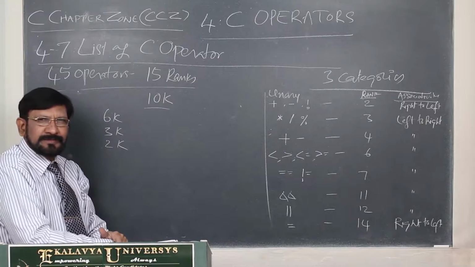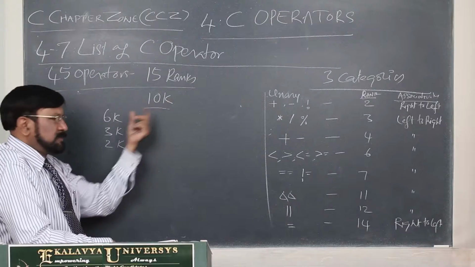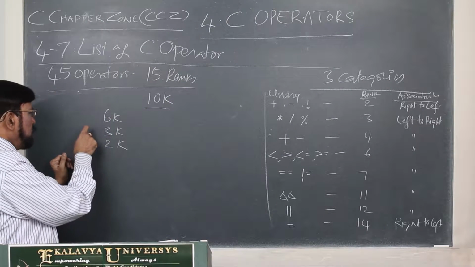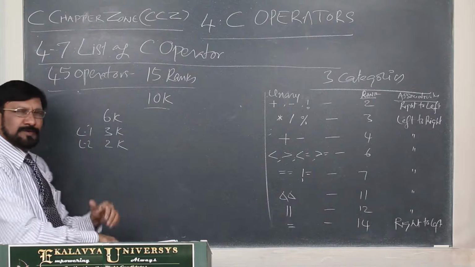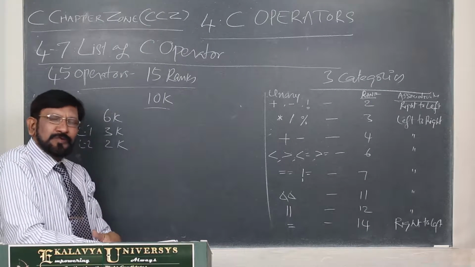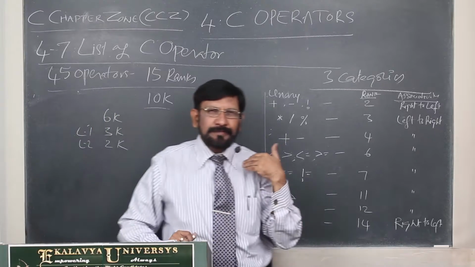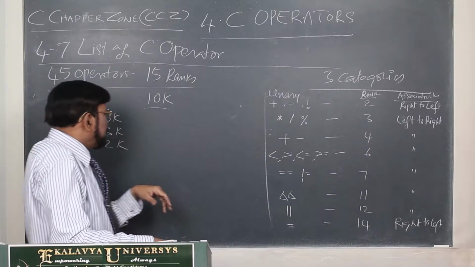These are the facts. The required amount is 10,000. How do you take the decision whether you can purchase or not?